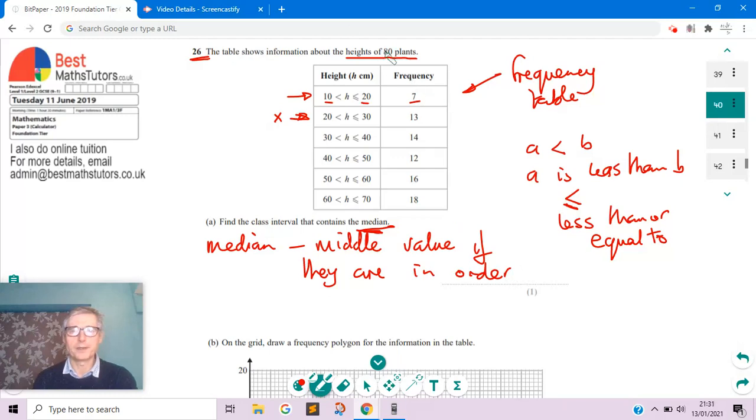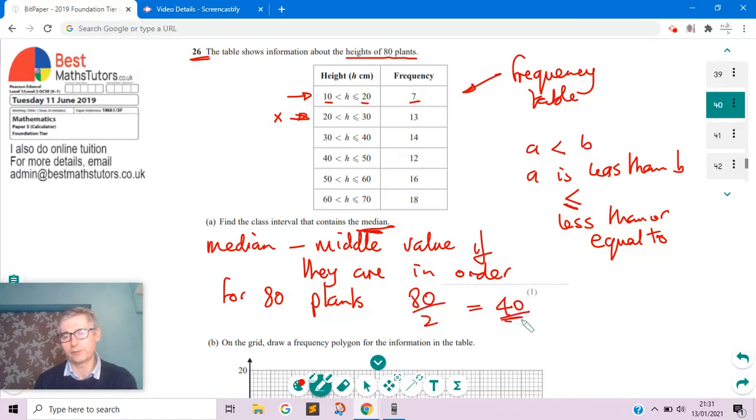And so if we've got 80 plants, then the middle plant is going to be halfway there. So for 80 plants, we can just divide 80 by 2, and that will give us 40.